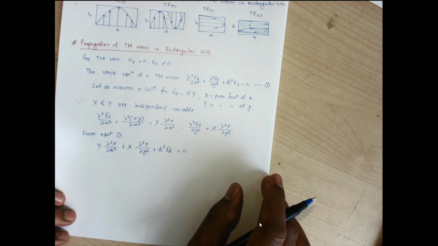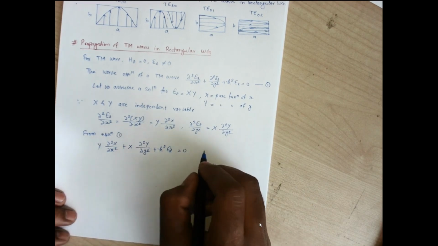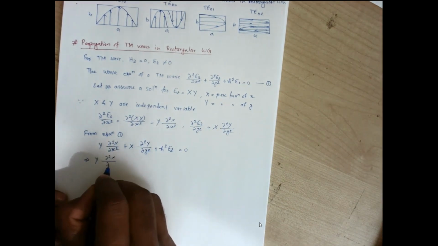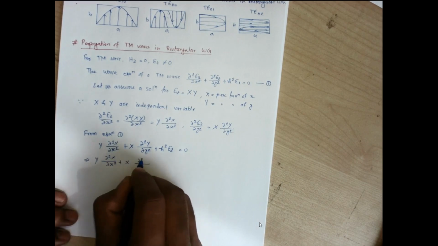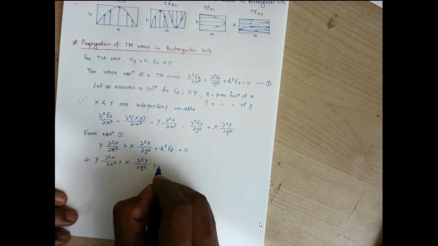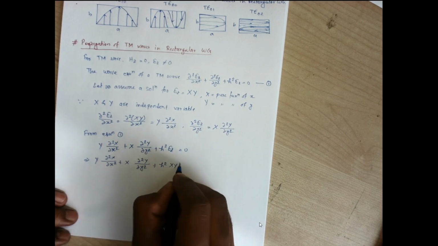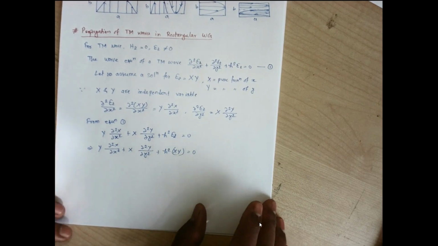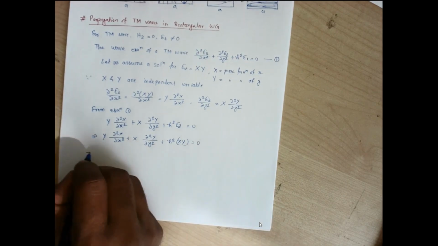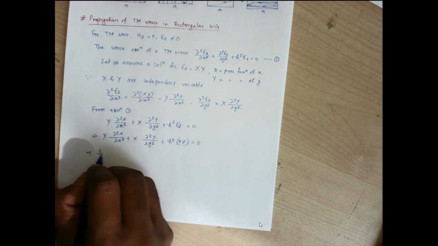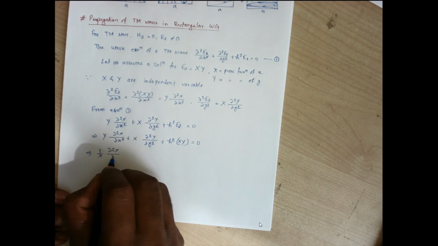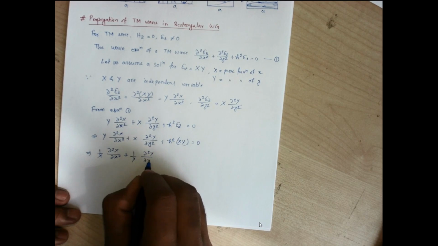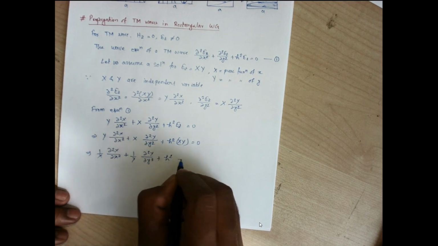So Ez we can write as XY. Now we can go with the separation of variables, dividing by XY. So it is 1 by X del 2X by del x2 plus 1 by Y del 2Y by del y2 plus h square is equal to 0.